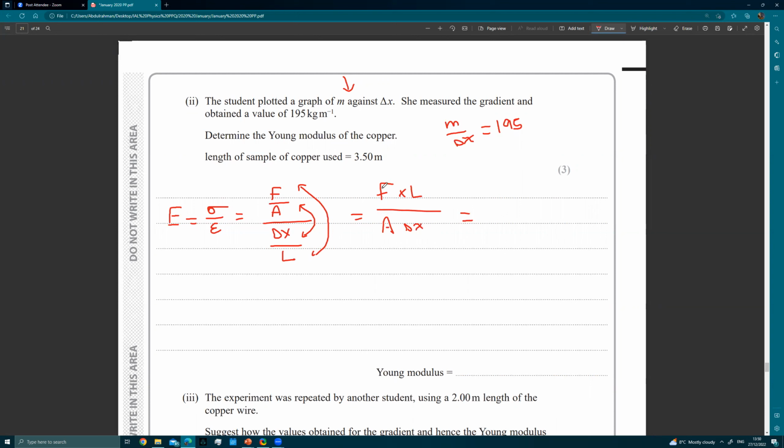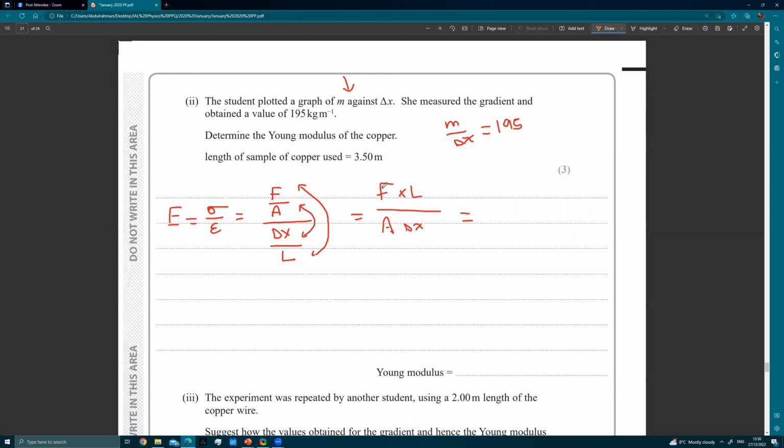Well, we don't know what the force is. It would be nice to know what it is. Well, in this case, it's the force of gravity acting on the mass, which is weight. And I know that the force is the weight, and weight is equal to mg, right? So I'm going to swap this with mg. So this is mgL over area multiplied by the extension.